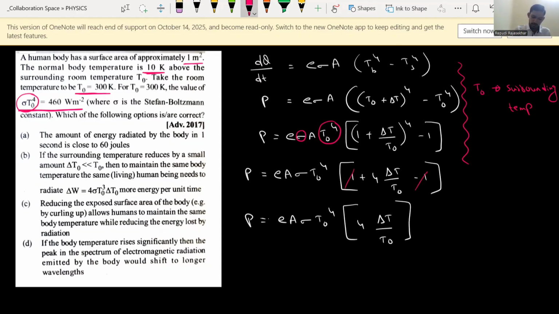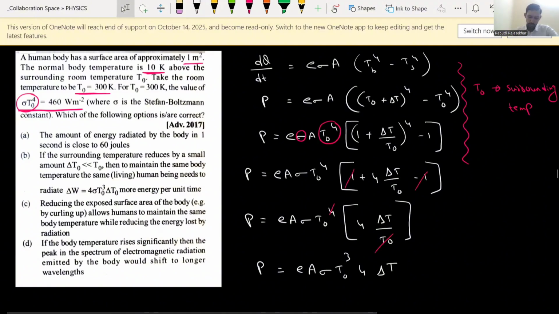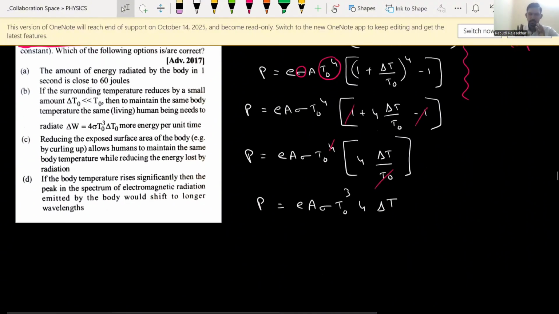Now whatever terms get cancelled here, make them cancel. T naught power 4 and T naught cancel. So P equals e A sigma T naught cube into 4 delta T. This is the general equation I got with the help of the given question.